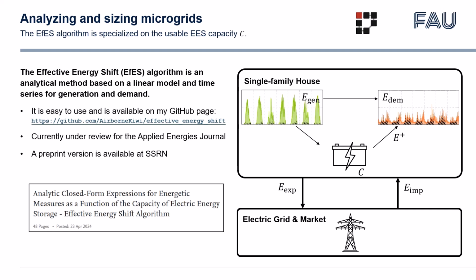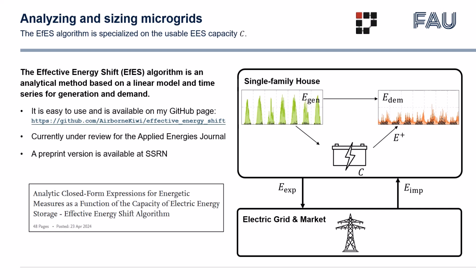It's relatively easy to use, available online on my GitHub page, where you can see the link here on the slide. A preprint version is available as well via the preprint archive SSRN. And here on the bottom you can see the title.